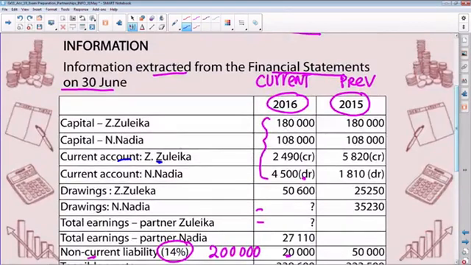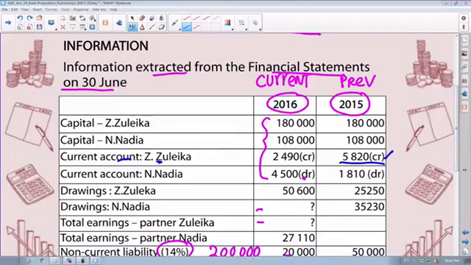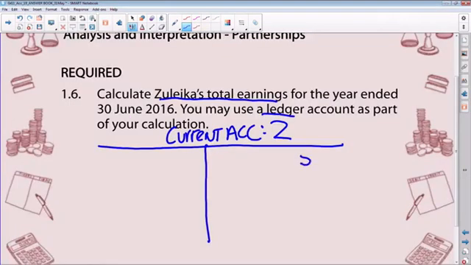So at the beginning of the year, remember 2015 is the end of the previous year, or the opening balance for the current year. So my opening balance, 5,820, and it's a credit opening balance. So let's bring that balance down. Okay, so in my answer book, 5,820. Okay, and this is obviously my opening balance brought down.